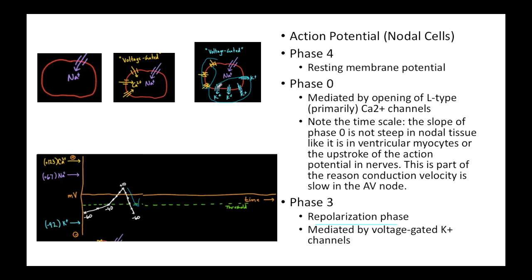And these are different than that funny channel because that was an inward potassium channel along with sodium. These are just regular rectifying potassium channels leaving the cell. And this is what returns us back down to a normal level. And also allows us to have the potential to do this all over again.